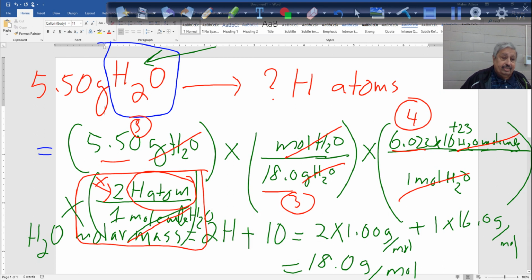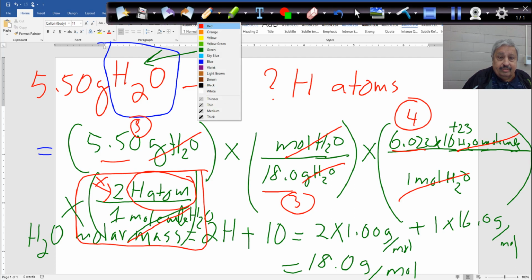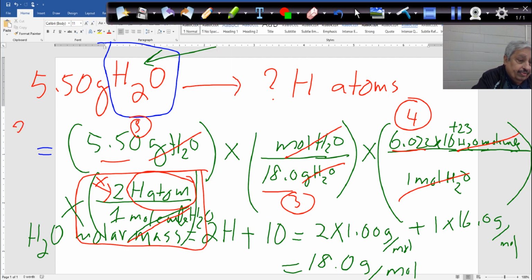Let's write it here. 3.68. Is this the answer? What's missing? Yes, that's the power. We can still leave it alone. Times 10 to the plus 23, and the unit is hydrogen atoms.